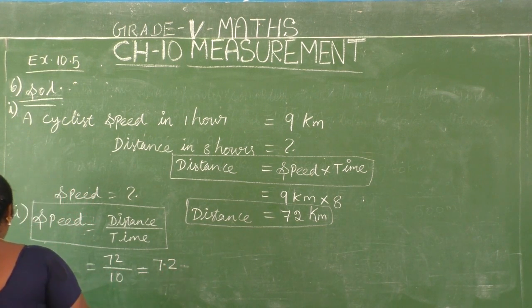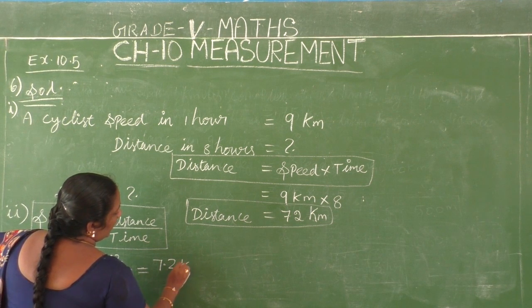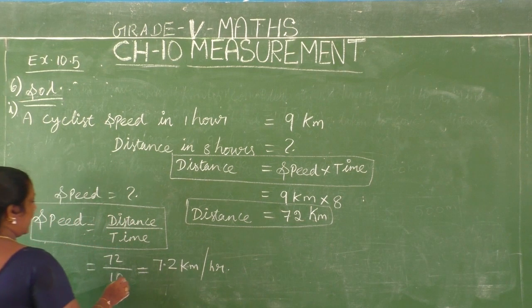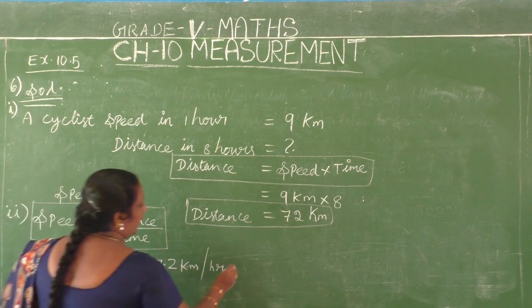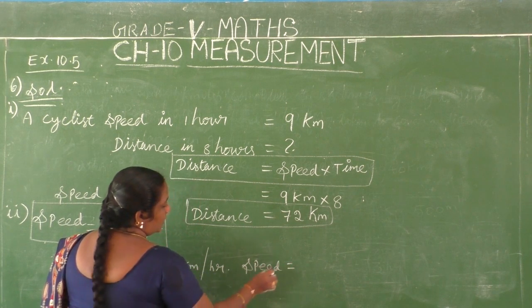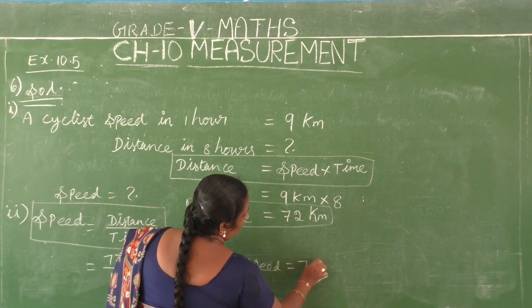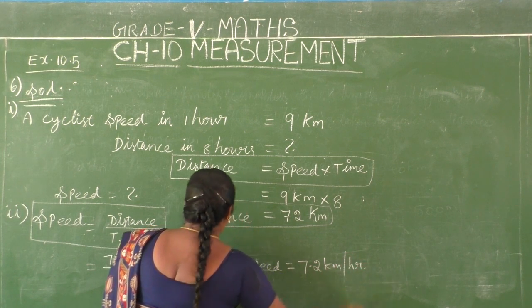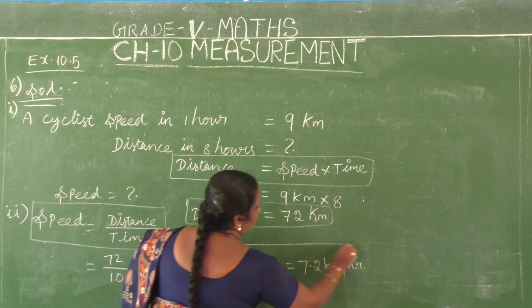So 7.2 kilometer per hour. It's the answer. So the speed is 7.2 kilometer per hour. That's all. So that is the answer to the second question.